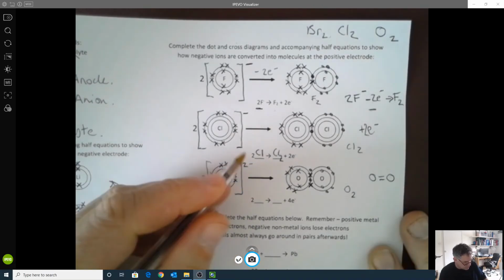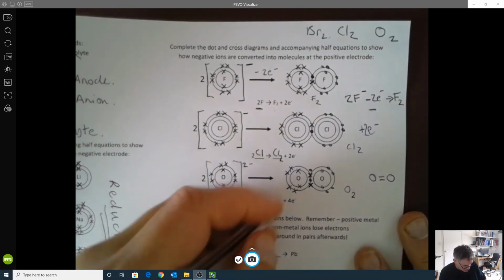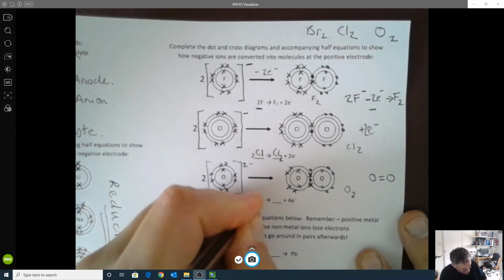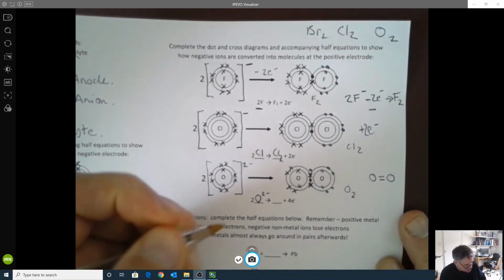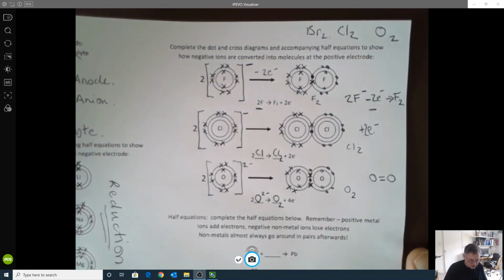So if I've got 2 lots of 2 minus, then overall I need to lose 4 electrons. So it's 2O2 minus goes to give O2 plus 4 electrons. A little bit tricky that, but I'm sure you will have got there.